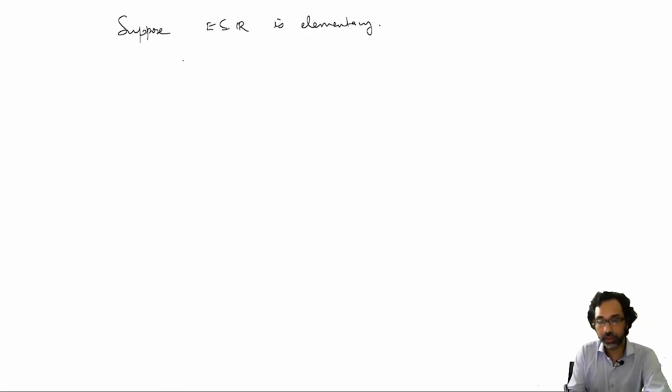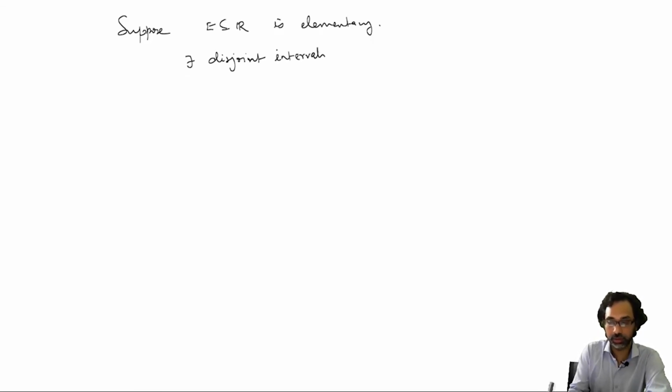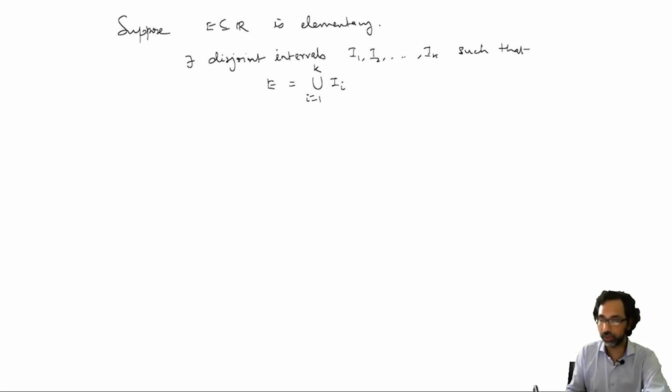Then remember that in the previous lecture we proved that there exist disjoint intervals I1, I2, up to Ik, such that E is a union of these Ii's, i from 1 to k.